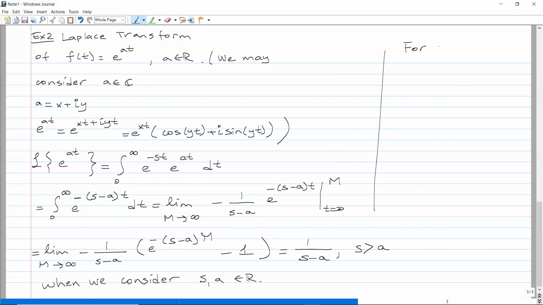For s, a complex numbers, it is still the same, the Laplace transform of e to the at is 1 over s minus a, but now the condition s greater than a becomes real part of s greater than real part of a.